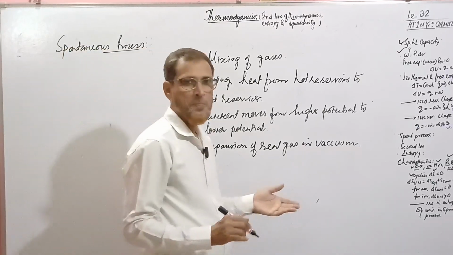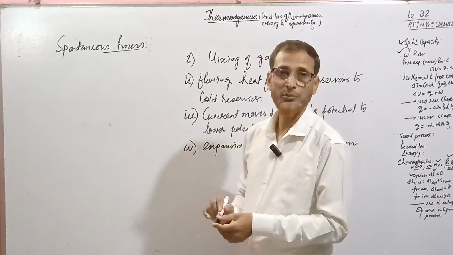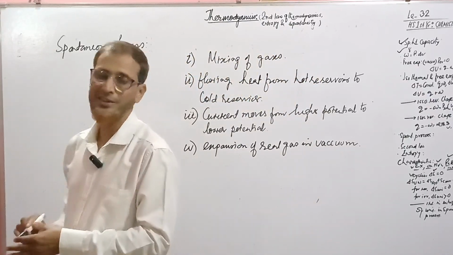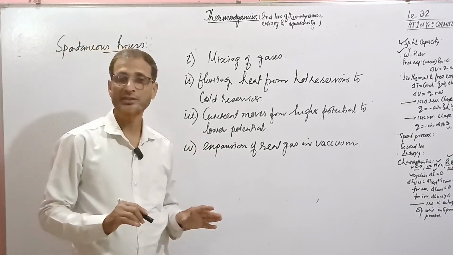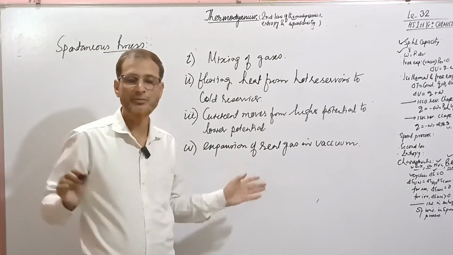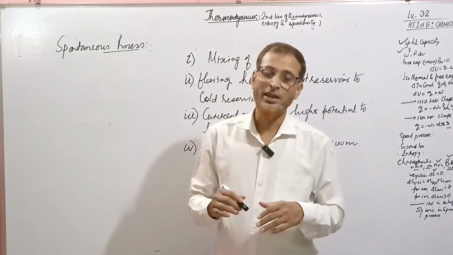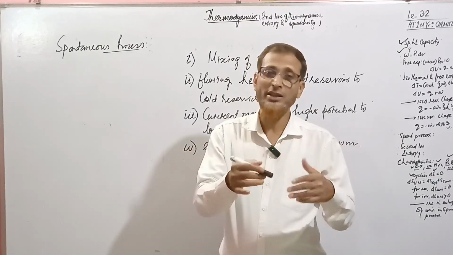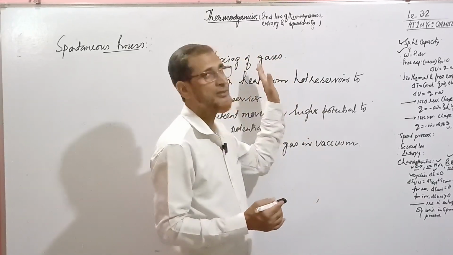Say in this universe there are a lot of gases: carbon dioxide, nitrogen, carbon monoxide, hydrogen, oxygen, helium, neon, argon, krypton, and lots of gases. All the gases have mixed up. There is no interference of human beings to get them mixed; they automatically mix up. So mixing of gases in this universe is a spontaneous process.